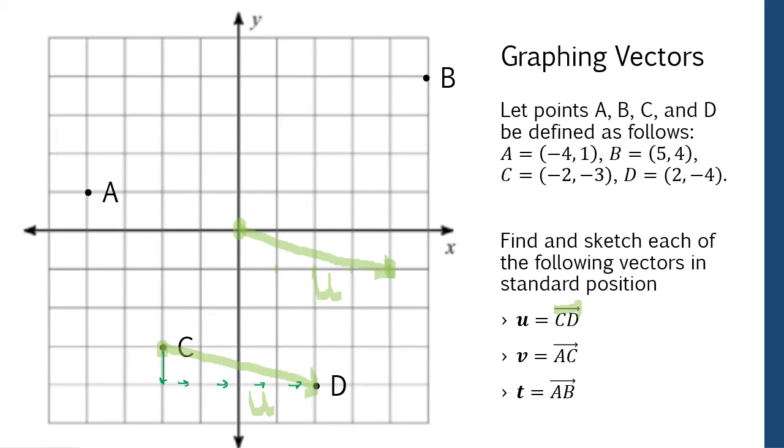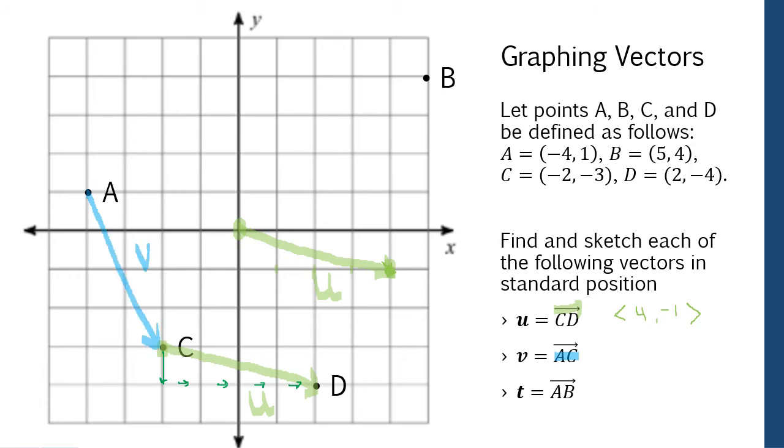And now we can represent this in terms of standard position notation using our angle brackets, because the initial point is at the origin and my terminal point is here at 4, -1. We'll do the same thing for vector v, which is defined as the vector that goes from point A to point C. So from A to C is this vector right here.